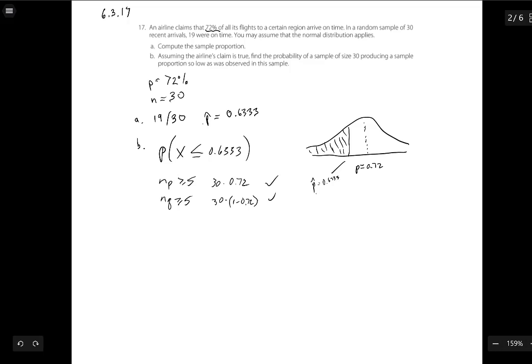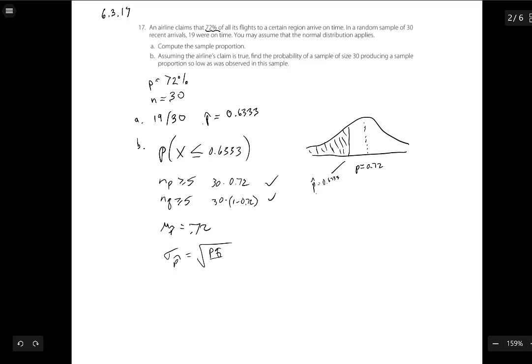So I could actually use the calculator and calculate those, or like I just did in my head, saying, yep, those targets fit. Okay, so we've got the actual mean. The mean of the sample proportions in this case is the same as the population proportion, so this is the 0.72. Our standard deviation is the square root of p times q over n.